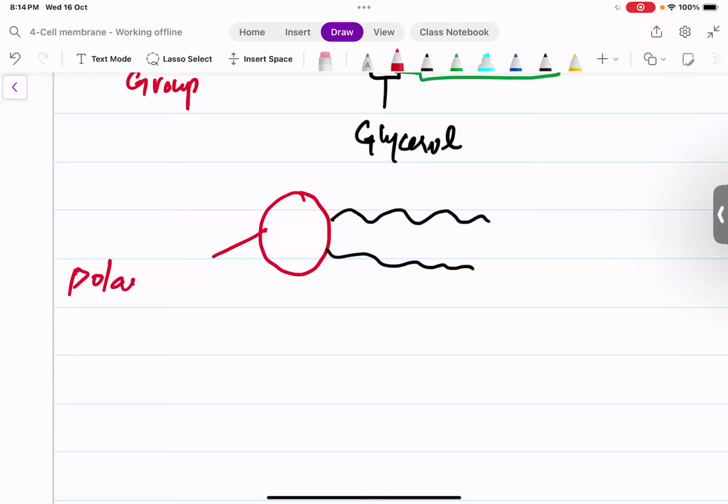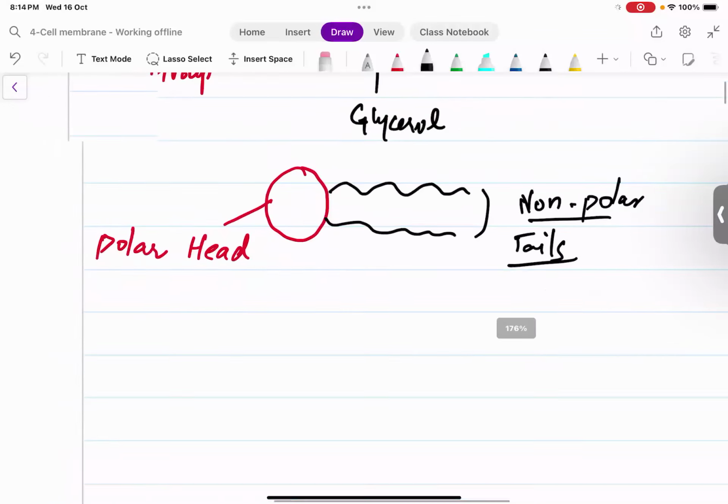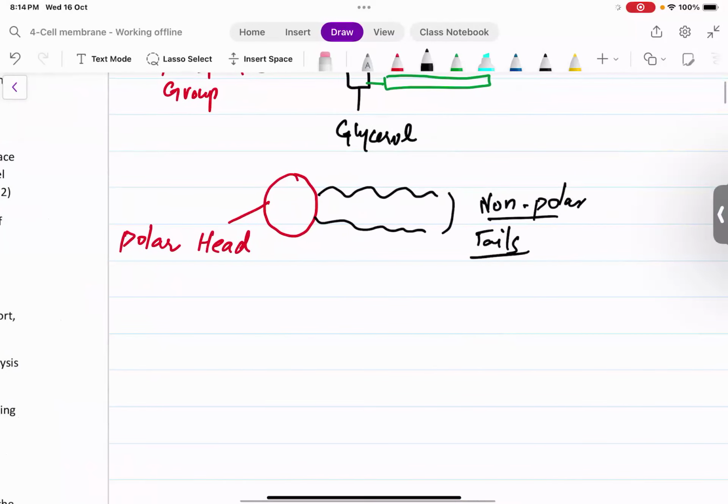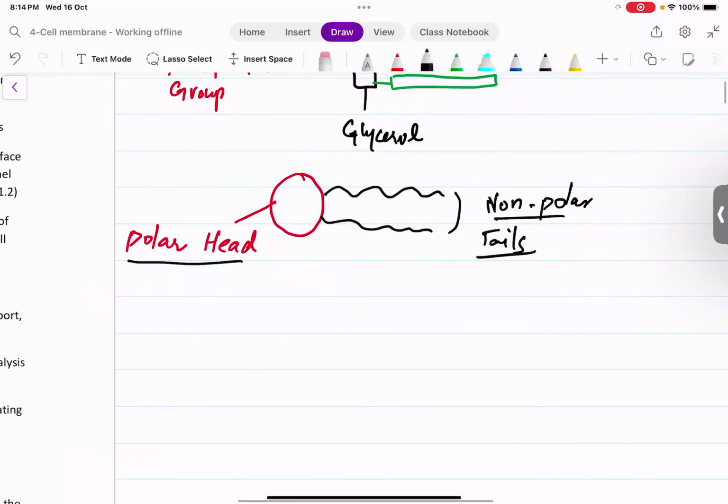Okay, the head is polar. This is the polar head, and these two tails are non-polar tails. Non-polar means they don't have any charge on them. There is no charge on these fatty tails, whereas the polar head has charge, and this makes this head water soluble, so this is known as a hydrophilic head.